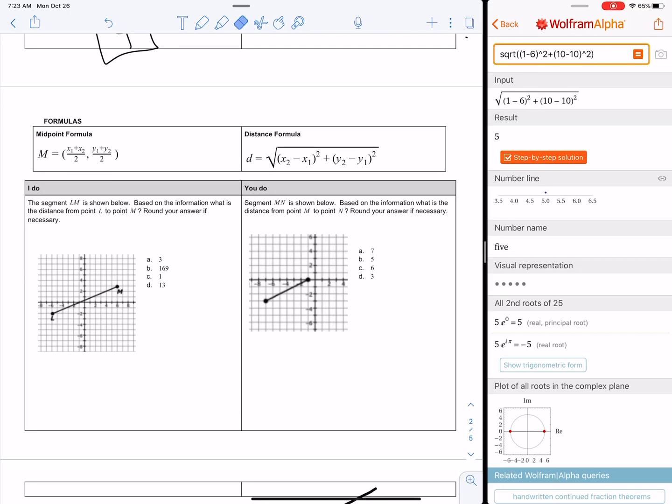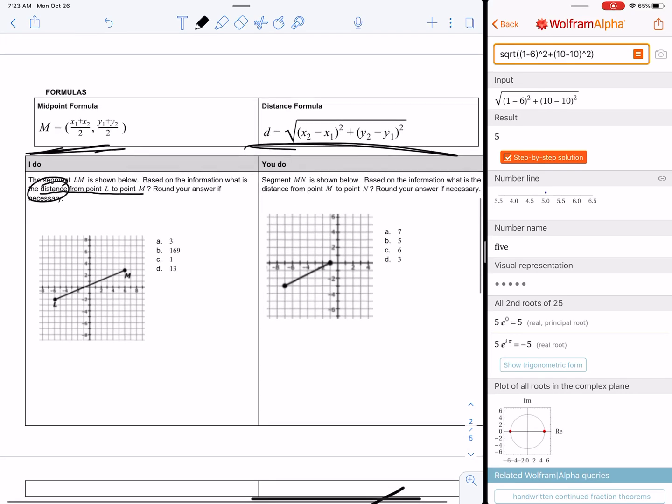So, if we read the first one, we have the segment LM is shown below. Based on the information, what is the distance from point L to point M? Round your answer if necessary. So, distance, would we use the midpoint formula or the distance formula? Very good, we'd use the distance formula. So, d equals x2 minus x1 squared plus y2 minus y1 squared. So we have this point, -6, -2.